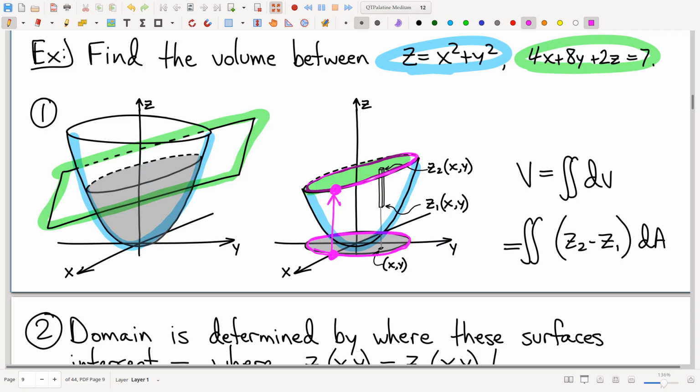After all, the points we're interested in are points where z1 is equal to z2. So that's what you set equal to each other. I need to set this equal to that.